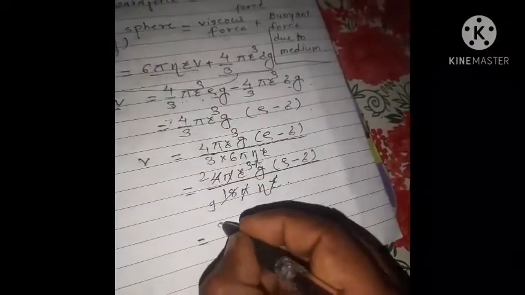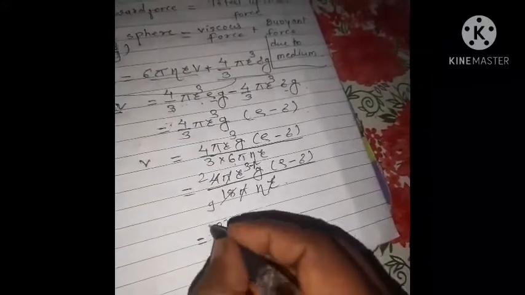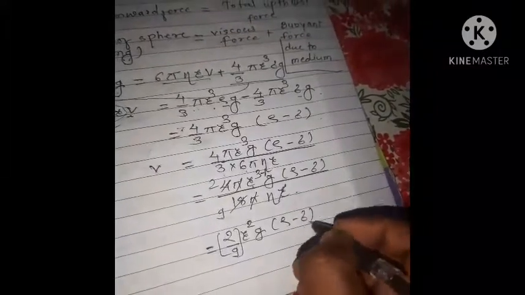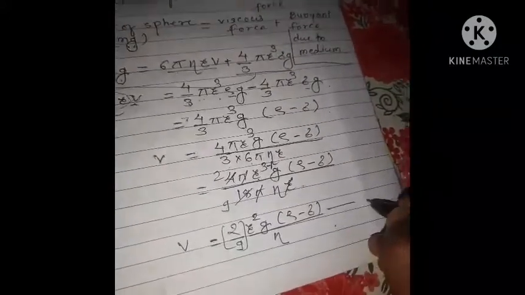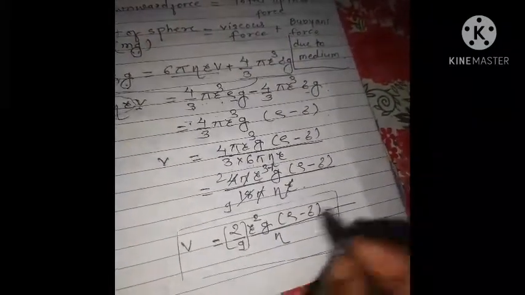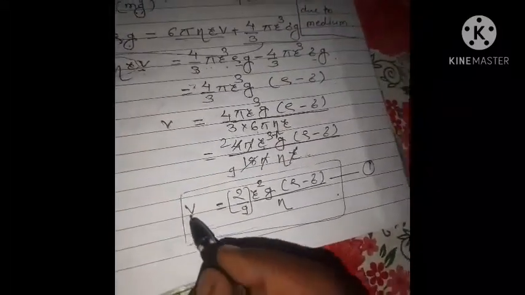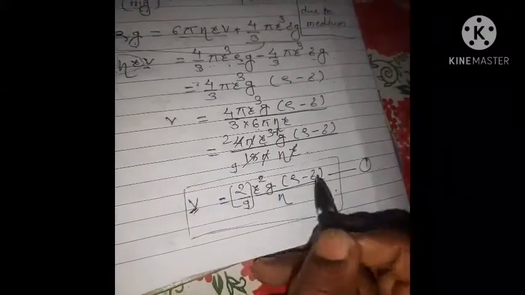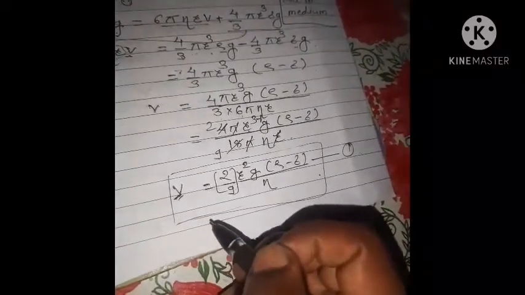Therefore, v is equal to 2 by 9, r square g into rho minus sigma divided by eta, which is the expression, equation number 1. This is an expression for the terminal velocity of a sphere when it falls inside the viscous fluid as shown in the above figure.